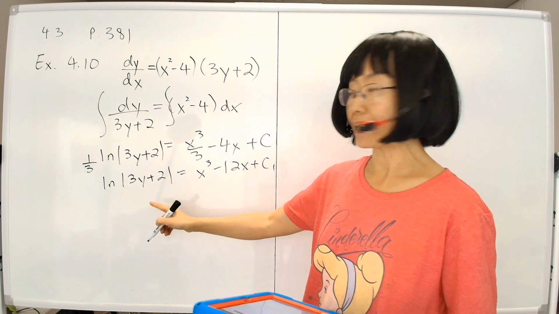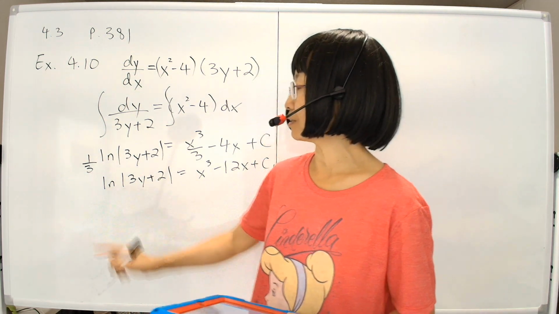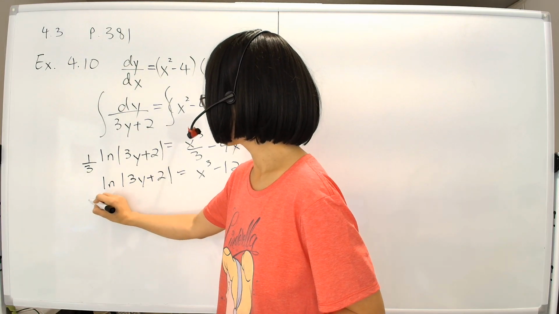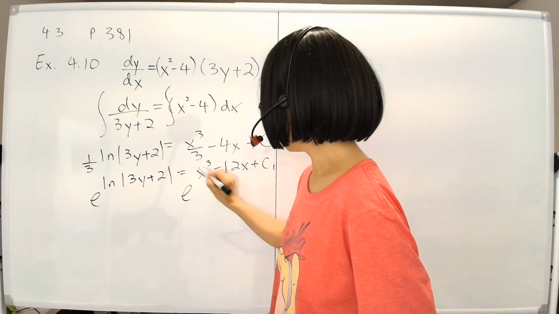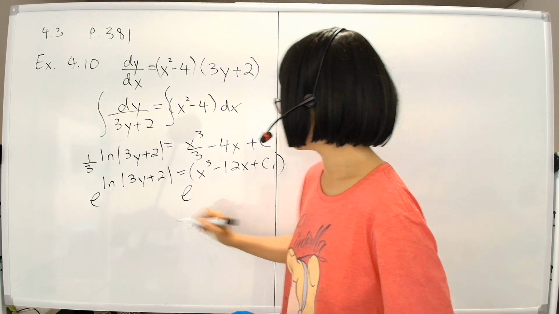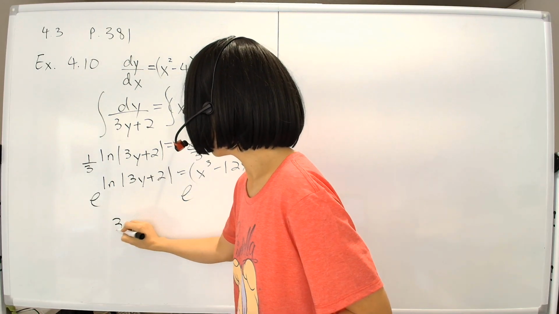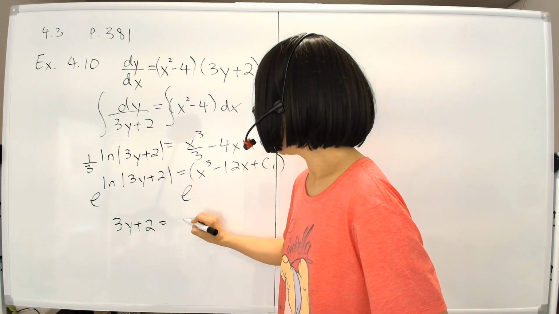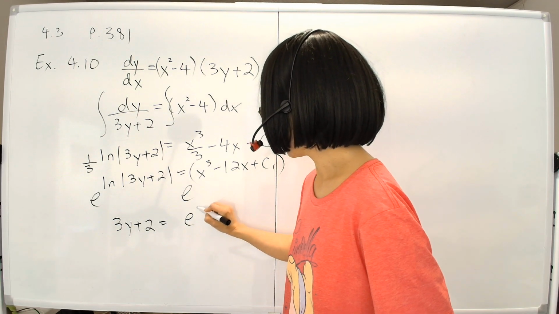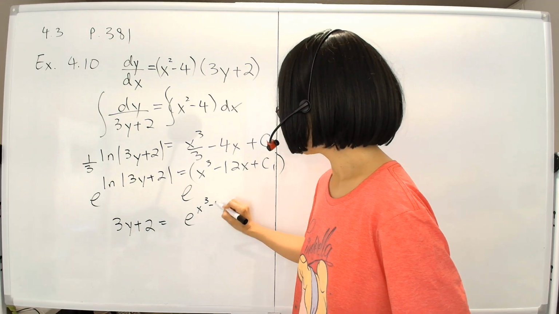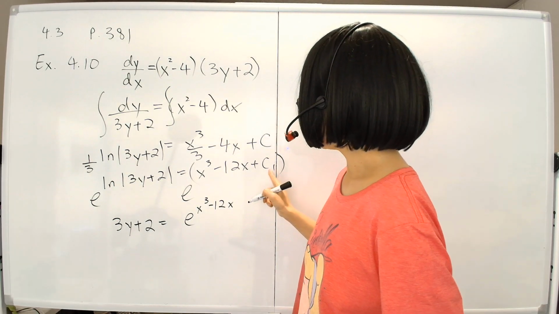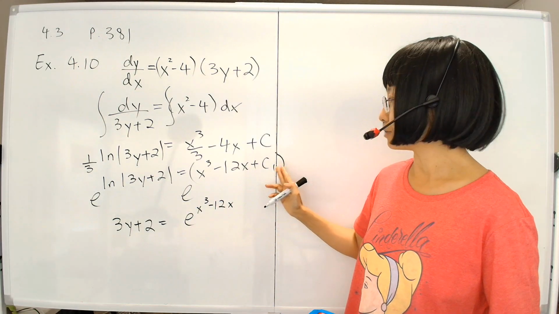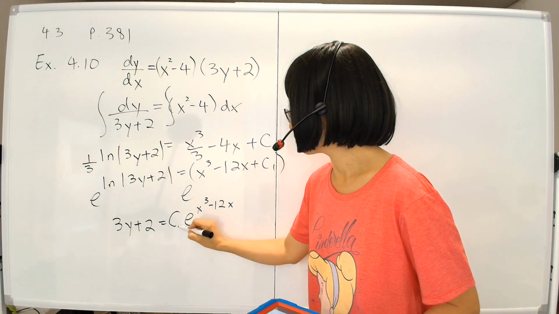Continuing, we need to take the y out of there by applying the inverse function of natural log, which is e. So we stick a giant e down here, e of this whole thing, including the constant. So that gives us 3y plus 2 equals e to the x cubed minus 12x, and then the c1, that is the same as e to the power c1, so we'll call that c2 and put it down here.